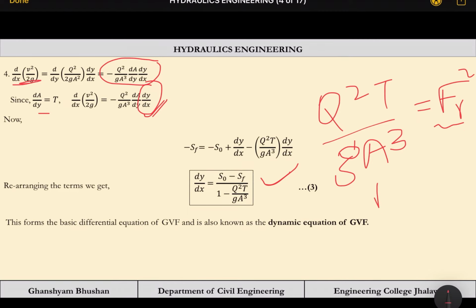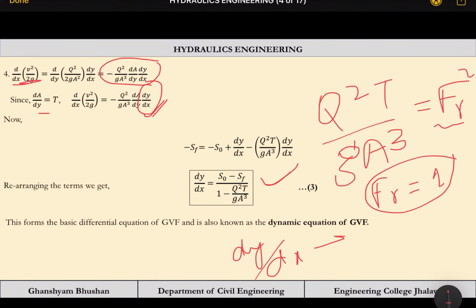The Froude number for critical flow is 1. So for critical flow you can see dy by dx will approach infinity. This is the basic differential equation of GVF, also known as the dynamic equation of gradually varied flow.